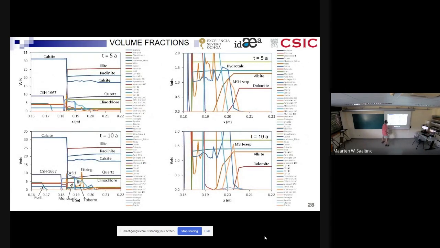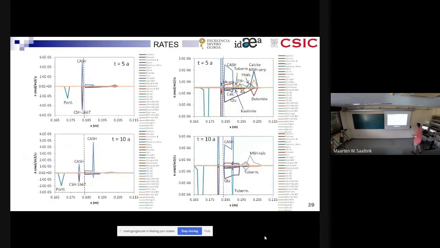Very special, actually. Look at the rates. The solution of the CSH is actually linked to the precipitation of the CASH. I also have the other CSHs with small constants, but the one that precipitates is this CASH. It's the calcium aluminum silicate. This has a calcium to silica ratio of about 1, and an aluminum to silica ratio of 0.05.